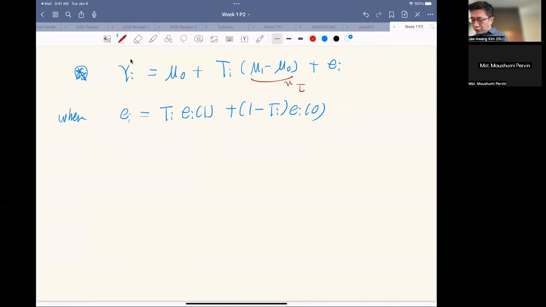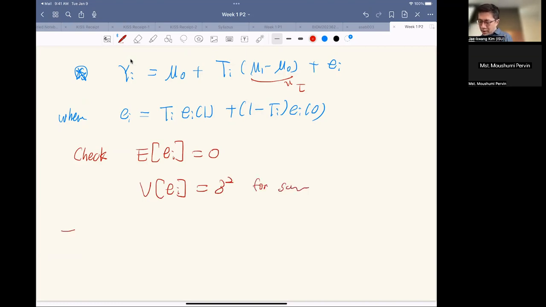And what do you want to show? We need to check that the expectation of ei equals 0, and the variance of ei is sigma square for some sigma square. So how to show that? Well, same thing.